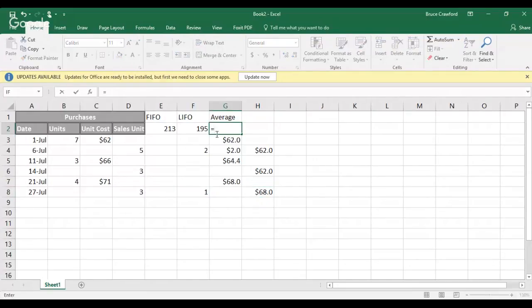So our average is going to equal 124, because these 2 units is 62, plus, these in parentheses, $124 plus the one at 68 over 3.